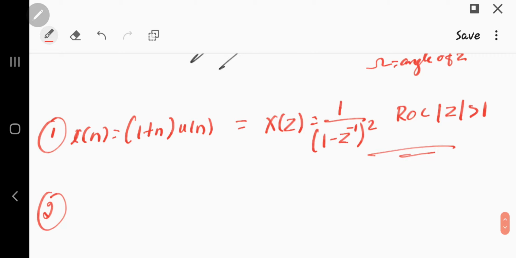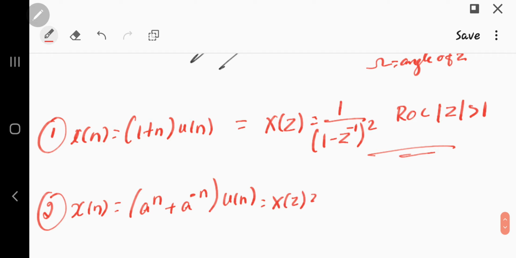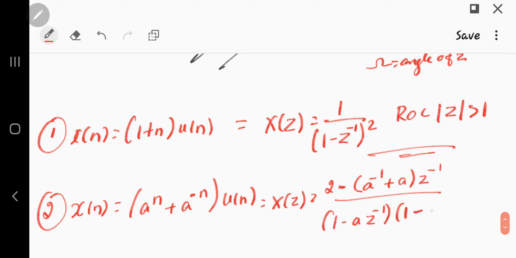And the second problem I gave you like this: x of n is equal to a to the power of n plus a to the power of minus n into u of n. For this problem, you will get x of z as 2 minus (a inverse plus a) z inverse divided by (1 minus a z inverse) and (1 minus a inverse z inverse).